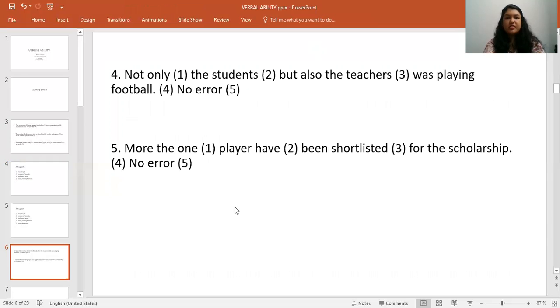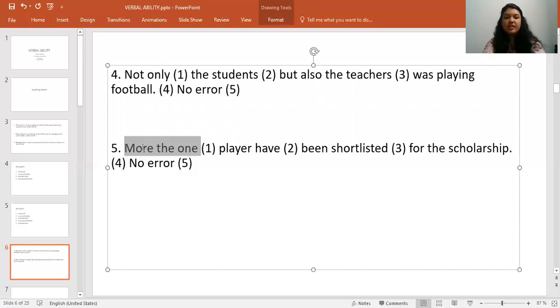Fifth sentence is, more than one player have been shortlisted for the scholarship and no error. So if you read through the sentence, the first part of the sentence itself doesn't make sense. More than one is where the sentence correction is required.